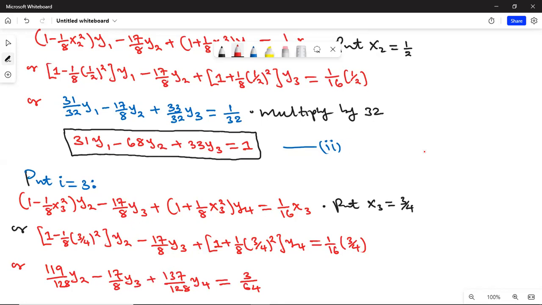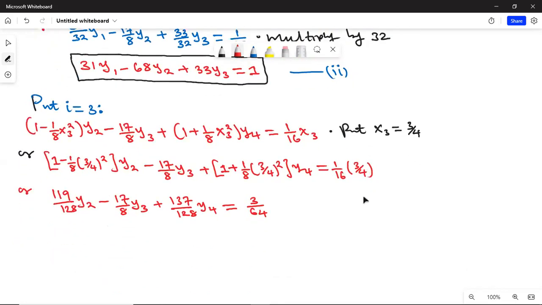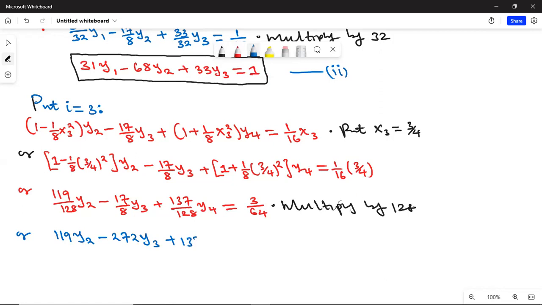So you write multiply by 128, to get 119 y2 minus 272 y3 plus 137 y4 is equal to, on the right hand side, we'll get 6.